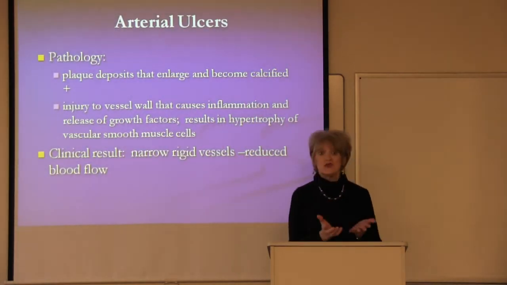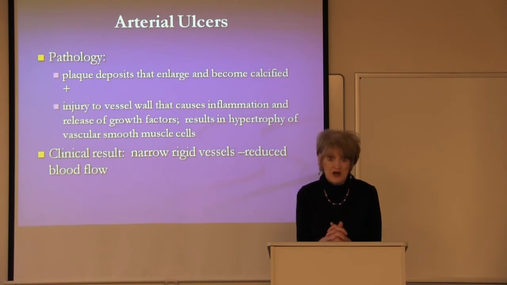Now, what I want you to realize is you already know practically everything you need to know about lower extremity arterial disease because you know so much about coronary artery disease. And the pathology involved in lower extremity arterial disease and the pathology involved in coronary artery disease are exactly the same. The only difference is the vessels involved.